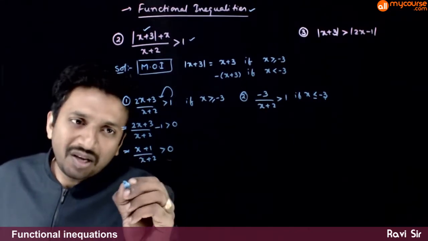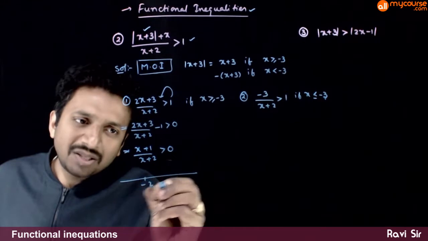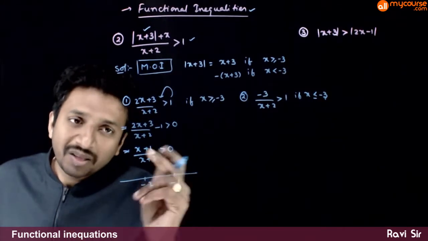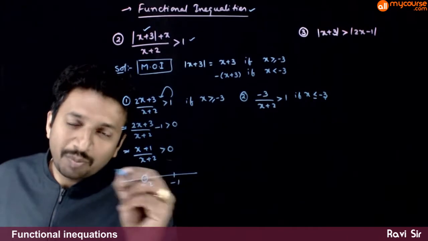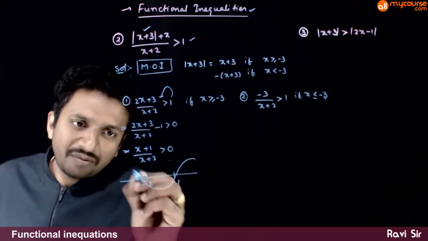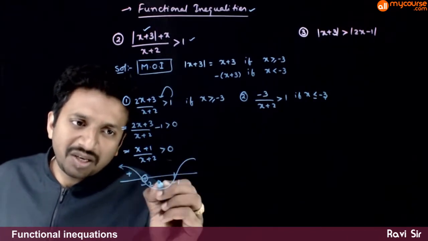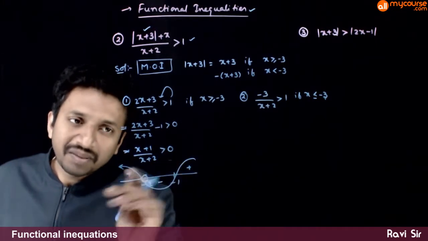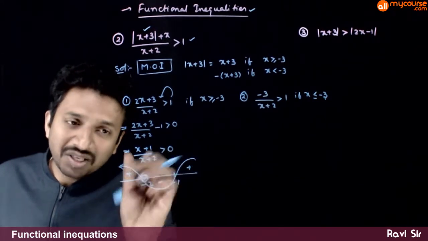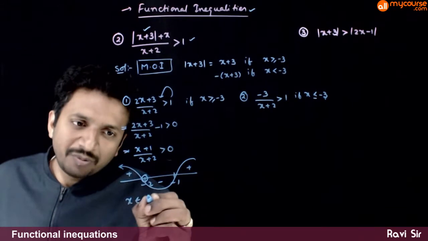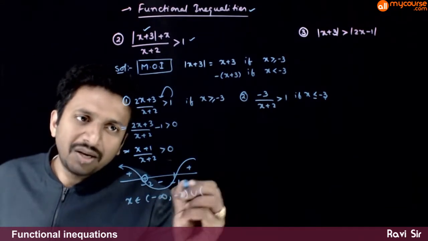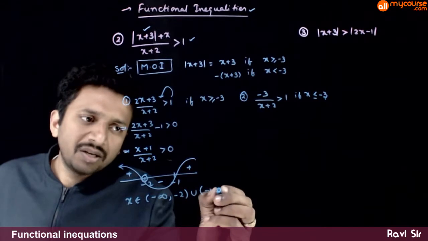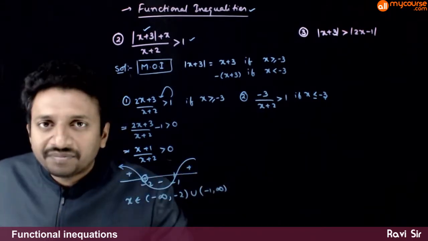I can use wavy curve. So minus 2, minus 1, both the leading coefficients are positive. This minus 2 is a pole. So the wavy curve looks like this: positive, negative, positive. So what is the positive interval? X belongs to minus infinity to minus 2 union minus 1 comma infinity.